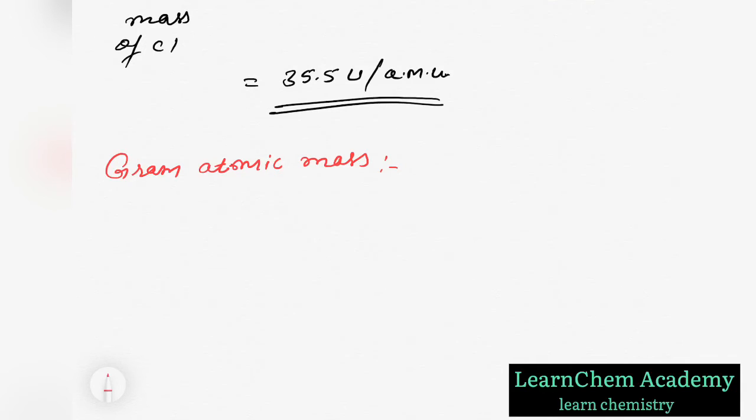When we express the mass of any substance in gram, then we call this gram atomic mass. When we express the mass in gram, that is called gram atomic mass. Okay, so this is a simple term.